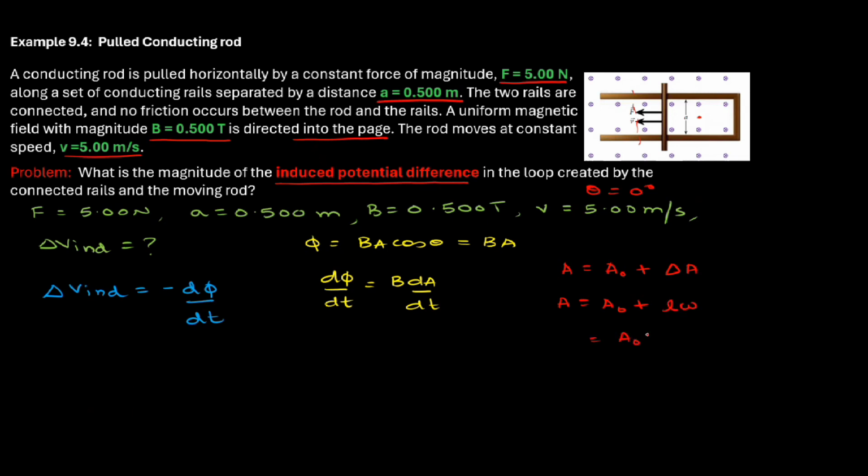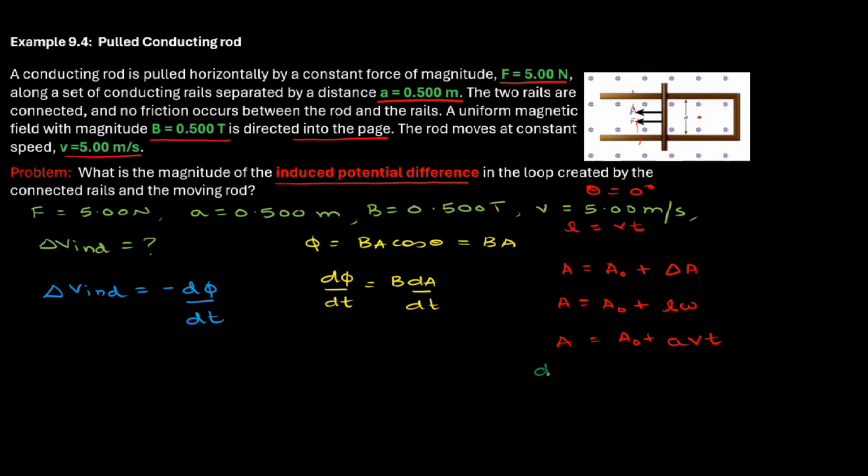The width is constant since it is the distance between the two rails, which is a, and I can find the length by multiplying velocity with time t, because we know that distance covered when an object is moving with speed v is just the speed times the time t. So I get the new area as original area plus a times v into t.